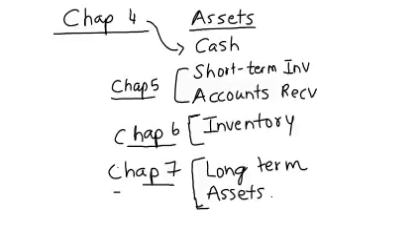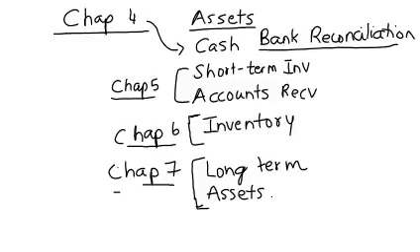And in today's recording, we are going to focus on cash, and the main focus is going to be on bank reconciliation. This is our main focus. Let us start with bank reconciliation.